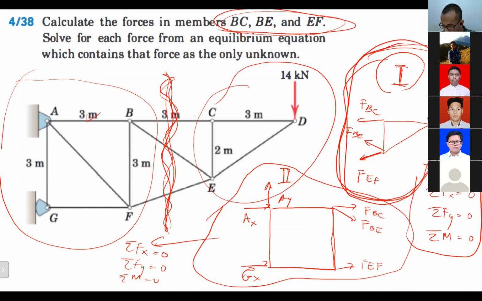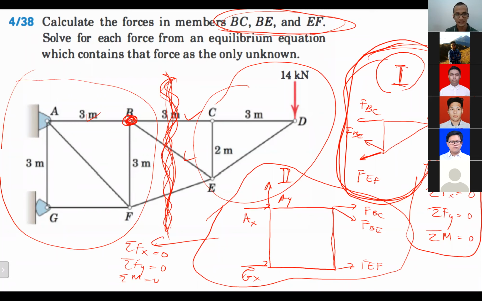This one, AB, BC, and BE. If those three are the ones in question, it will not be enough to just use one cut only. There are several ways. You can use the same cut as before, solving for BC, BE, and EF. Okay? Then after that, solving for joint B using the joint method.